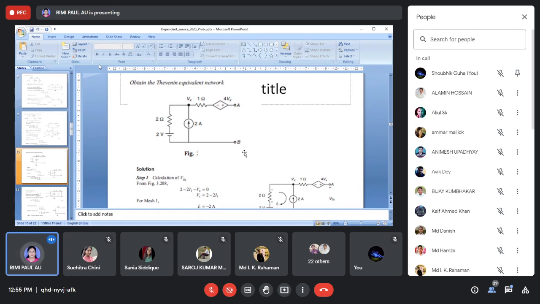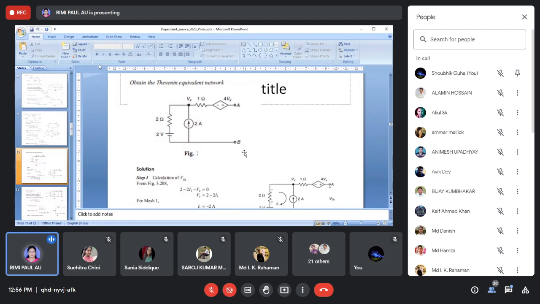Because you know that when I want to find out ZTH or ZN, that means Norton's equivalent resistance or Thevenin's equivalent resistance, both would be the same for any circuit. Now, to find Norton's or Thevenin's equivalent circuit resistance, first I would remove the current source and short circuit the voltage source, and then find out what is ZTH or what is ZN.